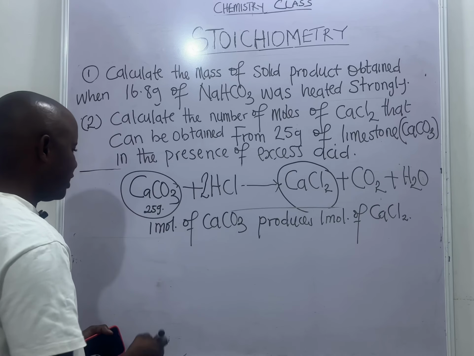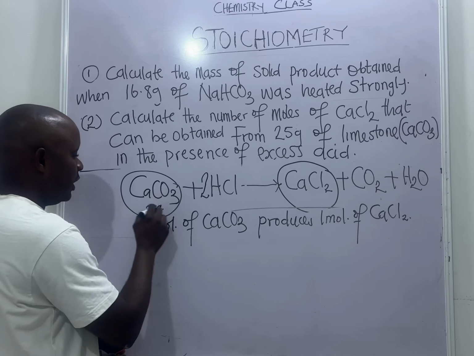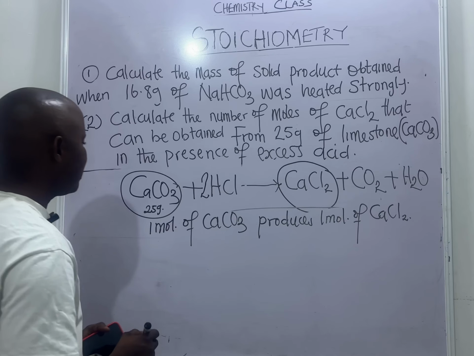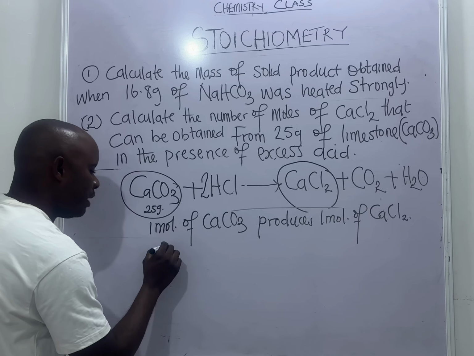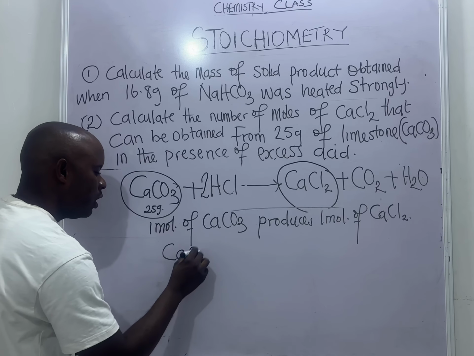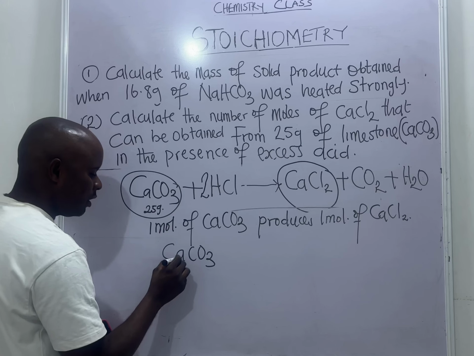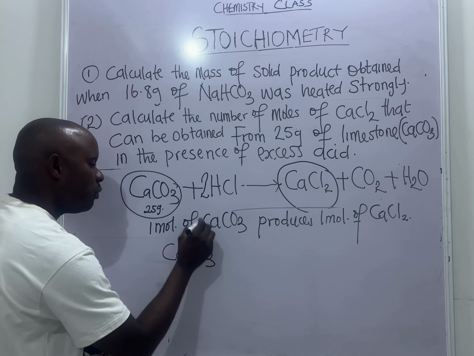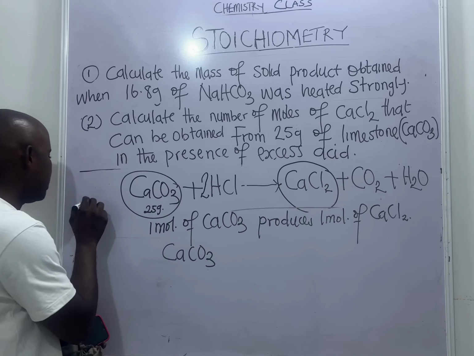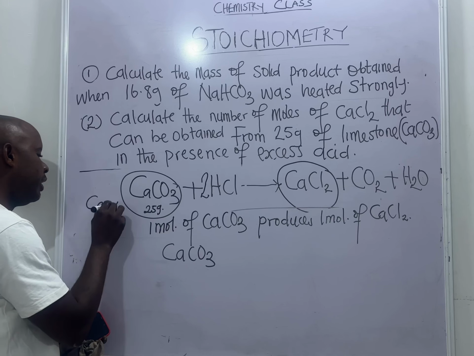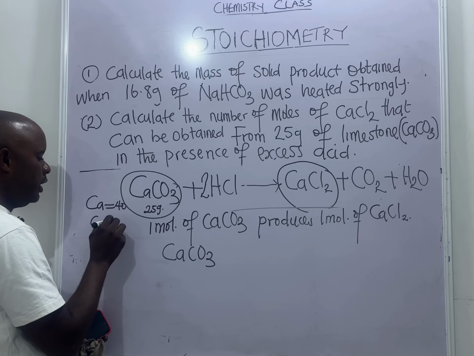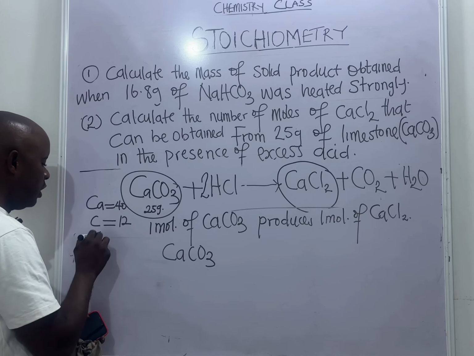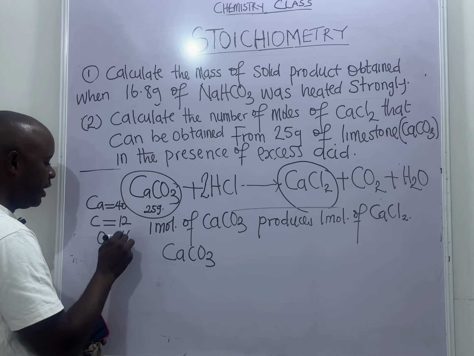So for instance, what is the molar mass of calcium carbonate? We said the relative atomic mass of calcium is 40, carbon is 12, oxygen is 16 as well.